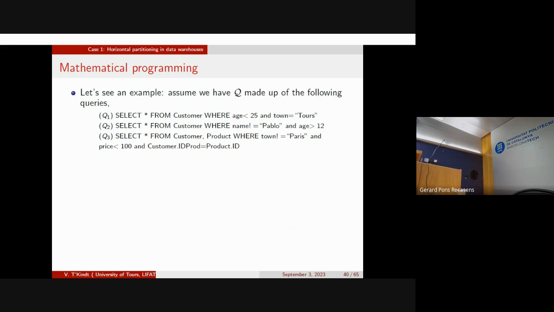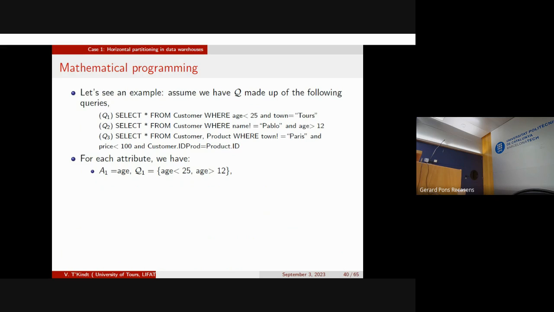So consider we have these three queries. Select blah blah from where, and we look at all the predicates here: age lower than 25, town equal to Tours, name not equal to Pablo, and age greater than 12, town not equal to Paris, and price lower than 100.